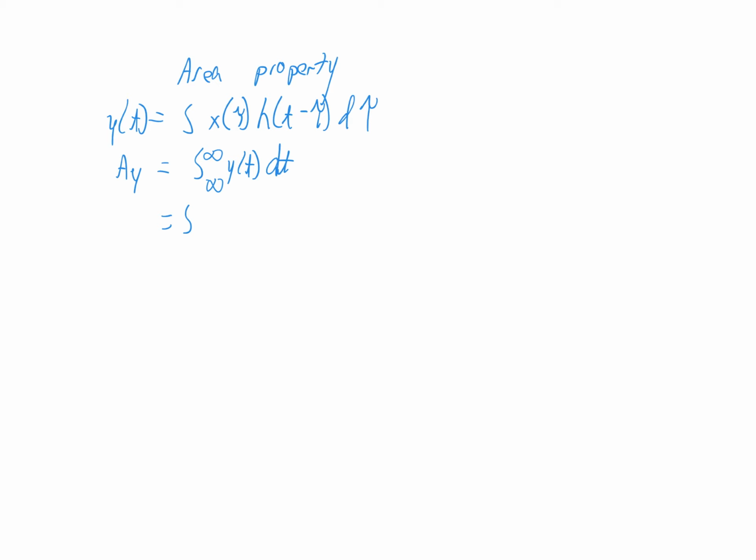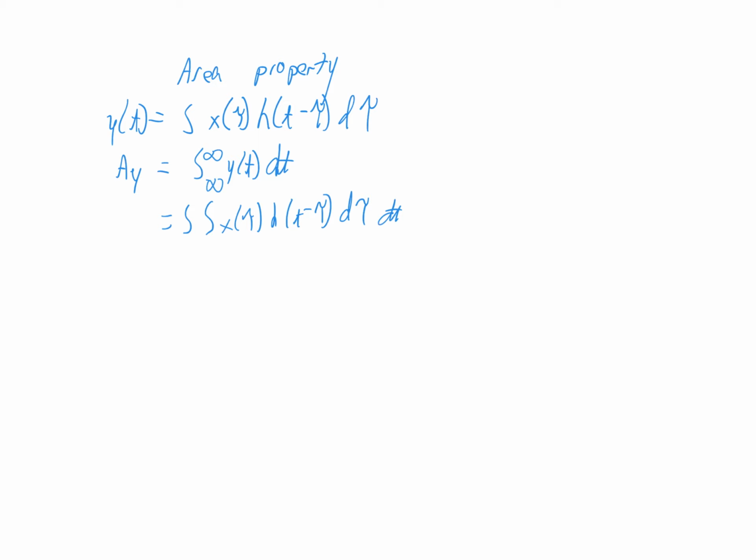So here we have our integral with respect to t, and it's the integral of the function y. Y is defined here to be the convolution, so I have an inner integral x of tau h of t minus tau d tau. Now I could group this like this, but the order of integration doesn't matter if I'm careful to make sure that I'm including the terms with the integrands where the variable applies.